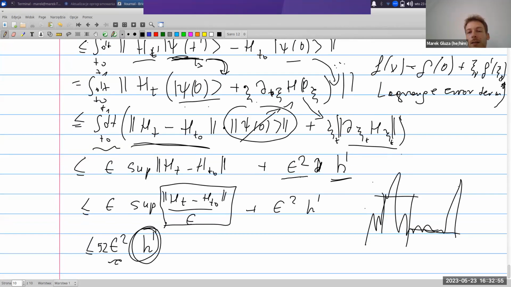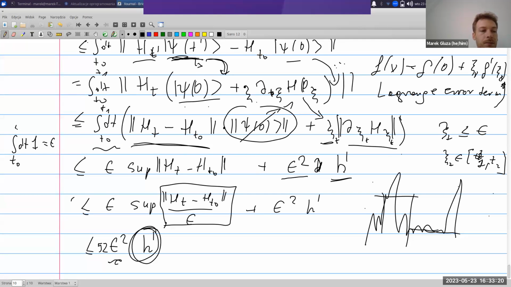And then from psi t, I can always upper bound psi t by epsilon, because psi t is going from 0 or T1 to T2, so it's all good, right? And the integration of dt times 1 is given by epsilon. So I get this epsilon squared, that's actually important here.